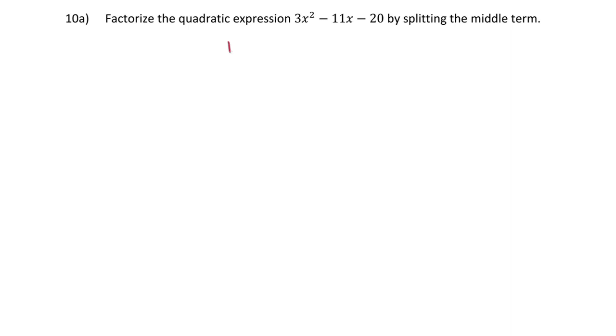The product of these numbers is negative 60. Okay, so the factors are negative 15 and 4. Therefore, we are going to say negative 11 equals negative 15 plus 4. Then let us substitute this into our expression.